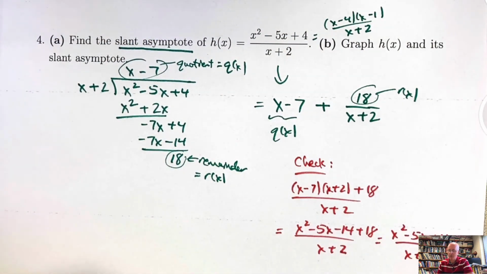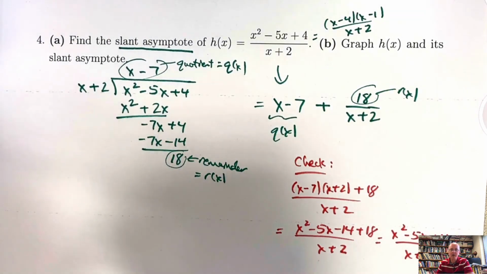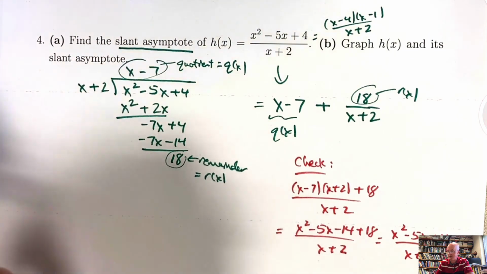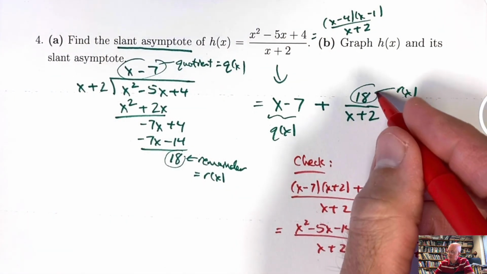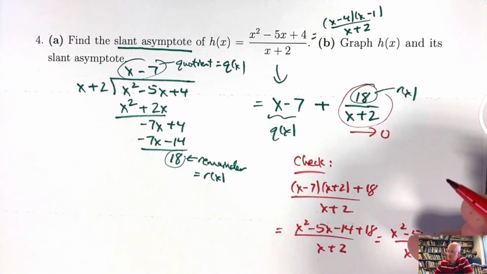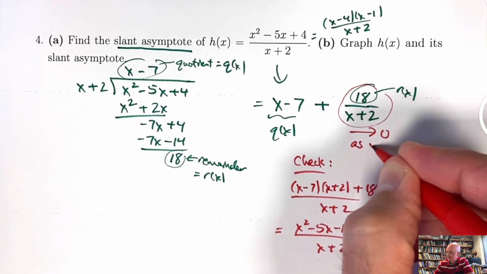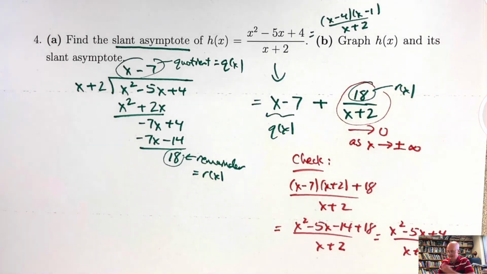Coming back to the reason why x minus 7, the quotient, is the slant asymptote, think about what happens to this function as x goes to plus or minus infinity. As x goes to plus or minus infinity, this fraction that you see here goes to 0, gets very, very small, as x gets very, very large. In fact, it gets arbitrarily small is the more official way to say it, as x gets arbitrarily large.